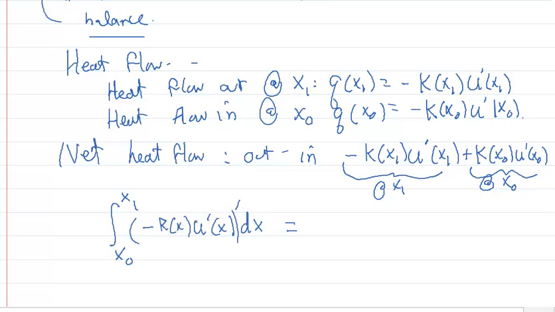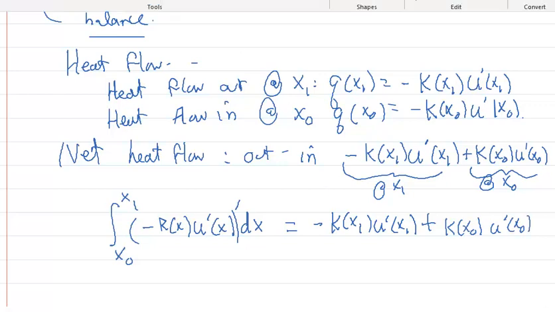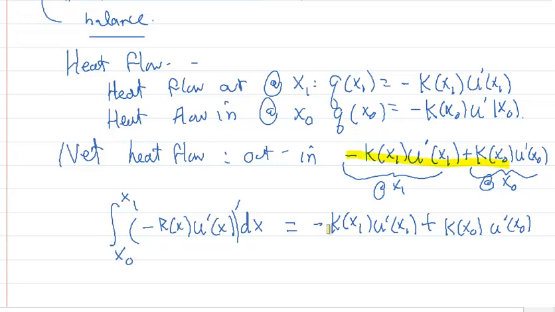Okay, so if I integrate the derivative of this function, it will give me the difference between the function values at the two endpoints, which is simply minus kappa of x1, U prime of x1. That's the function value at the top limit, and I subtract the function value at the bottom limit. Okay, so these two agree, right? This is in fact just exactly the same as this. All right, so then net heat flow is equal to this quantity.